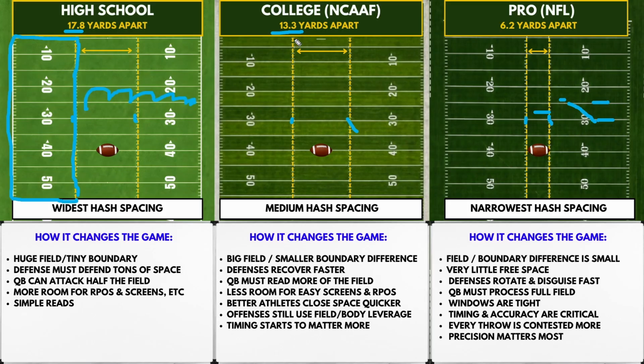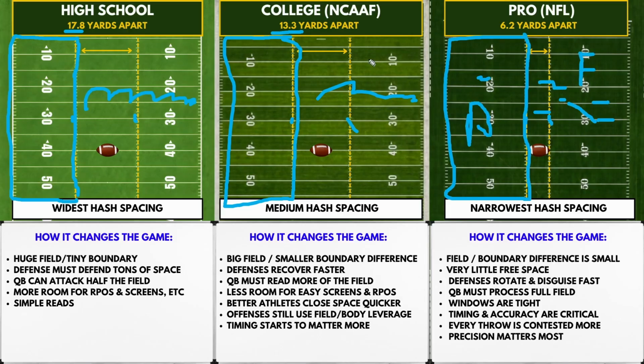And similarly with college, that would be the boundary and everything else the field. And in the NFL, there's not a major difference between the boundary and the field side.